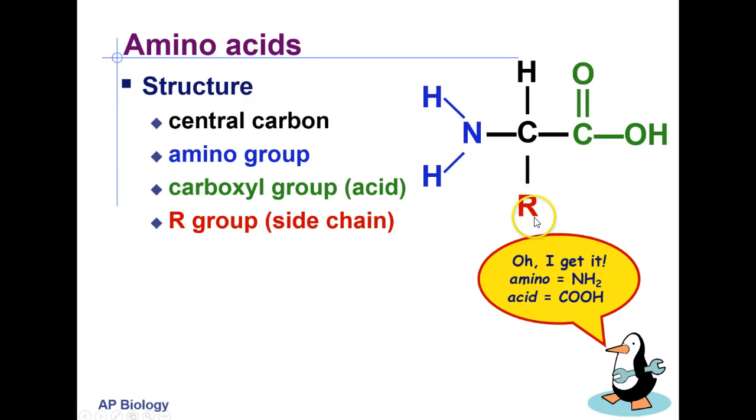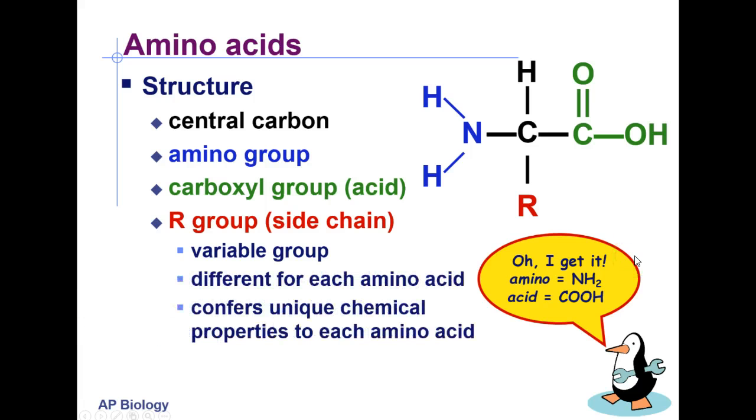And there's 20 different amino acids, so 20 different R groups. Think of it like our alphabet. We have 26 letters to our alphabet to make an unlimited amount of words. Well, you can make an unlimited amount of proteins from the 20 different building blocks called amino acids.